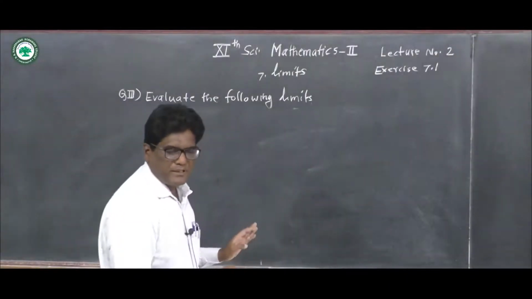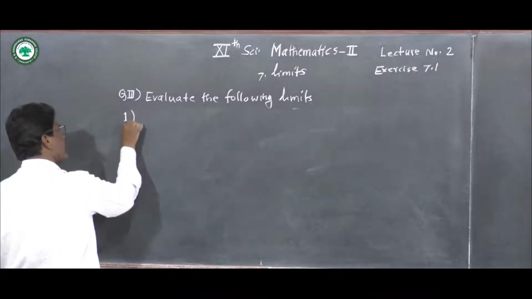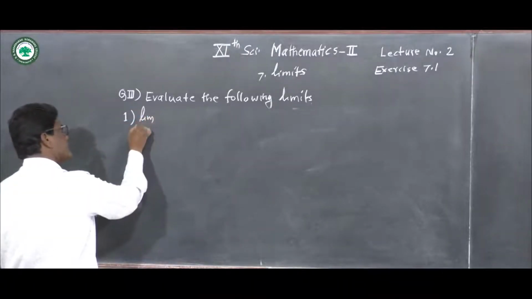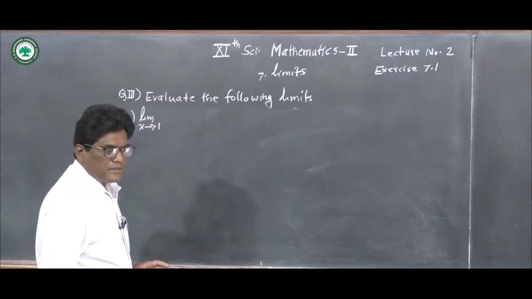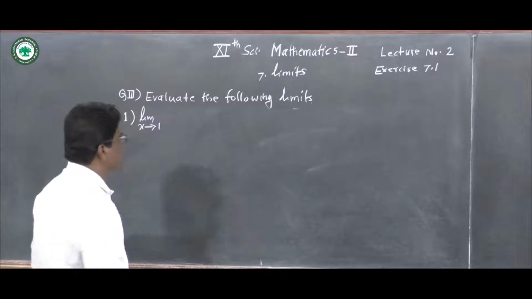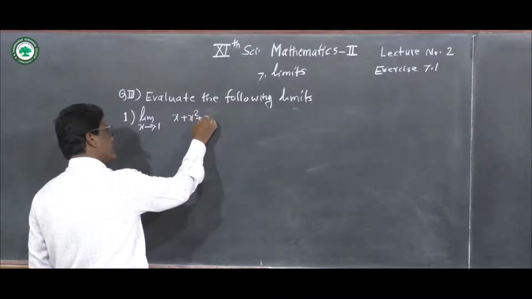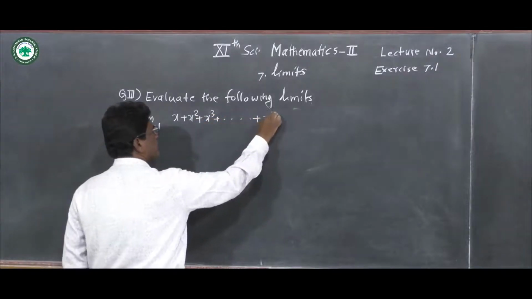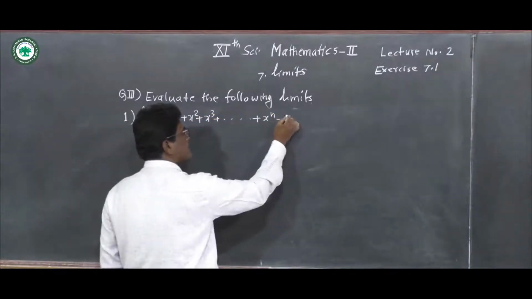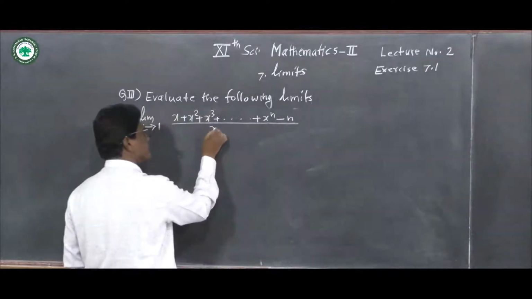First problem: limit as x tends to 1, (x plus x square plus x cube plus dot dot dot plus x to the power n minus n) divided by (x minus 1).